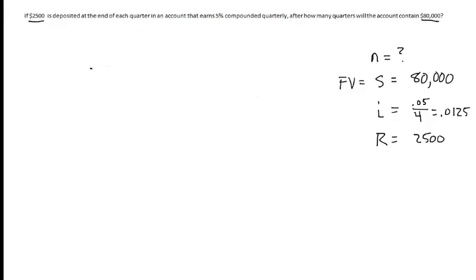And now let's plug everything we know in and solve for n. So we know that we have 80,000 is equal to 2,500 times (1 plus our I, or 1.0125) raised to the n, and we're solving for n, minus 1, all divided by I, or 0.0125.